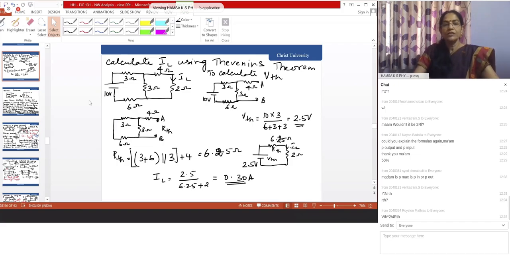Take this circuit diagram, because we already know the values. What is this? VTH divided by 2 RTH, whole squared, into RTH. V squared R, isn't it? R here is RTH.